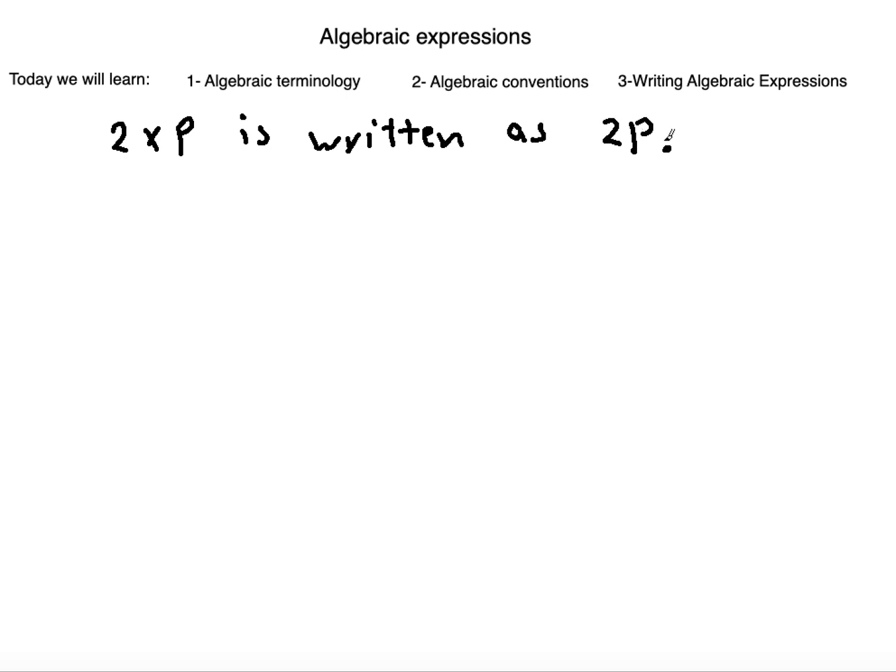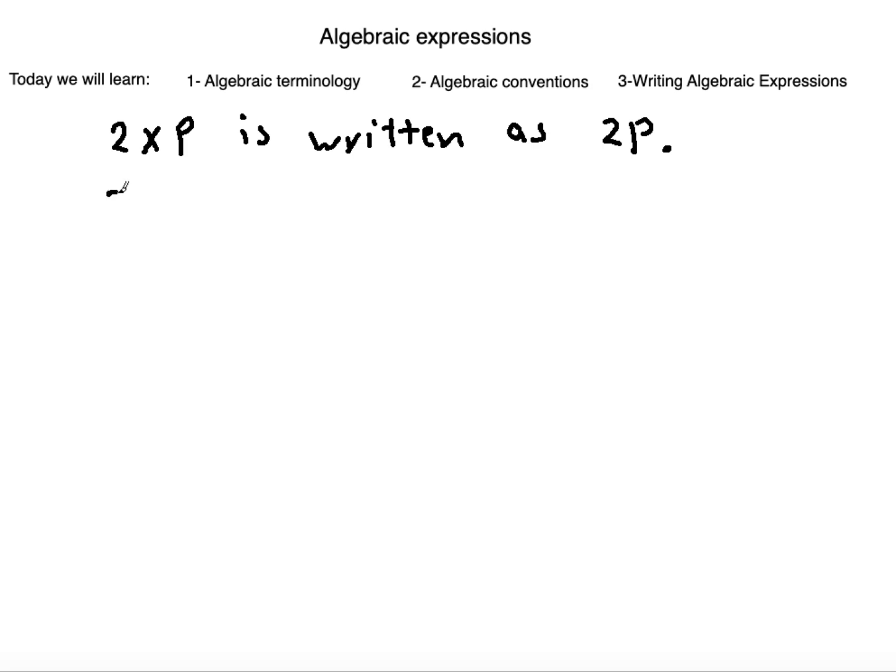So we tend to drop the multiplication sign, but it is always there. So you've got to be careful that 2p doesn't mean 2 plus p. It means 2 times p. There is a times hidden between any number and any letter, or also between any two letters.